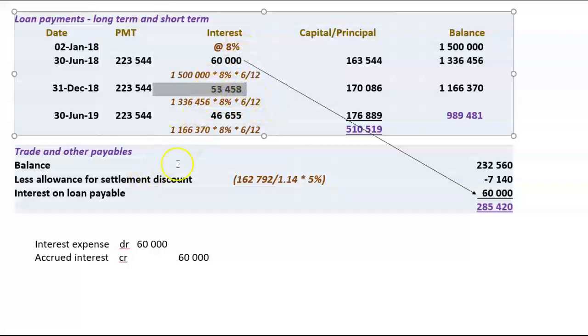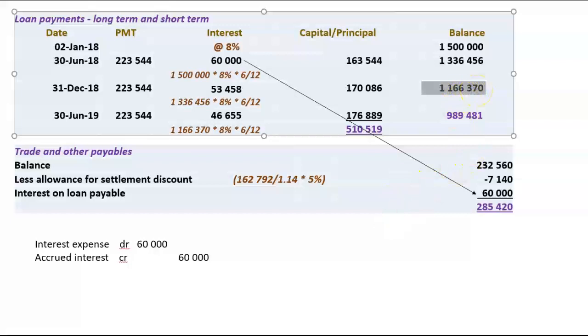I don't use the 53,458 anywhere in my statements at this point, but what I need that for is to split out what was the capital portion of the payment of 223,544. So 223,544 less the interest portion included in that amount gives me the capital portion of 170,086.